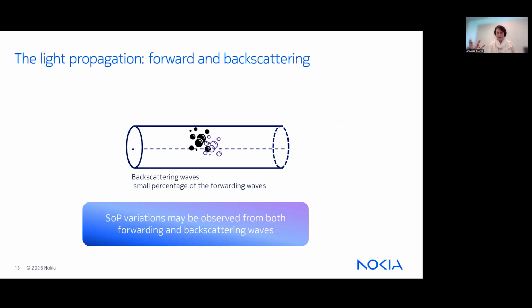Another effect of this imperfection is that when light is propagating along the fiber, part of the signal propagates forward and part may also be reflected. This means that the reflected part also has SOP variation. So in the end, the SOP monitoring may be done forward, but also on backscattering waves.